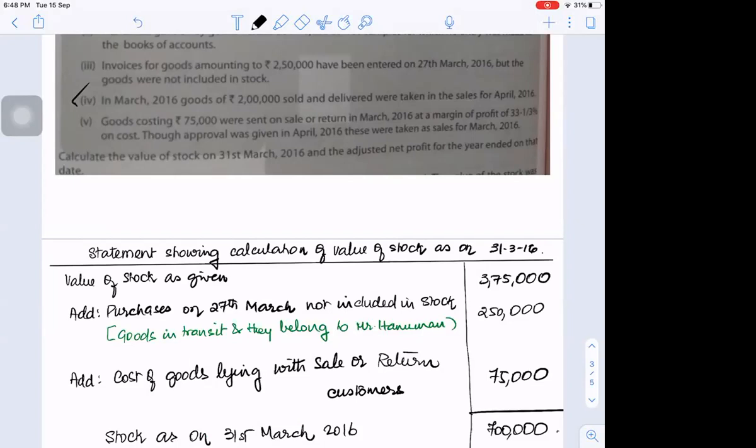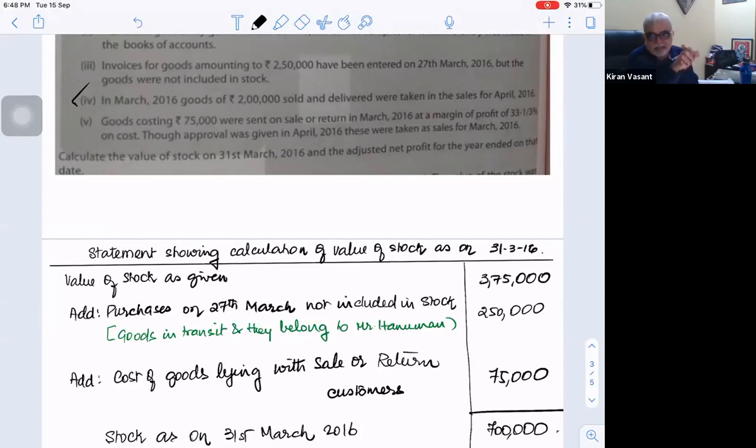Or sales promotion to purchases. Clear? So, purchases was overstated. Correct? Profit should increase. But advertisement is again an expense, so profit should decrease. So, what should you do?